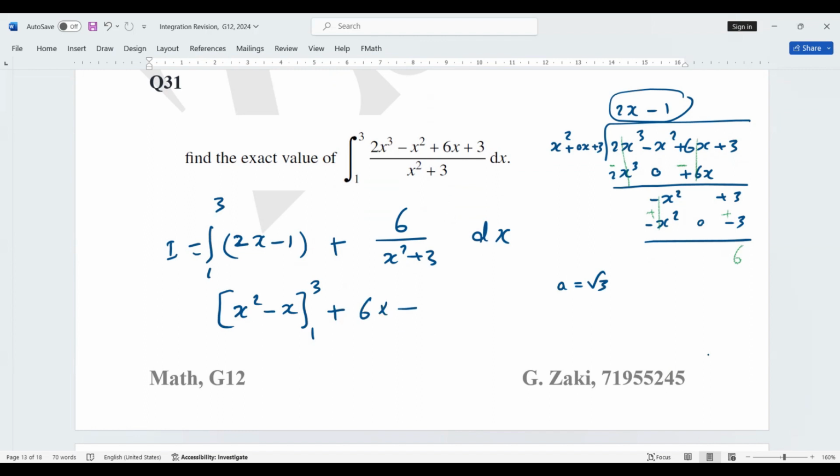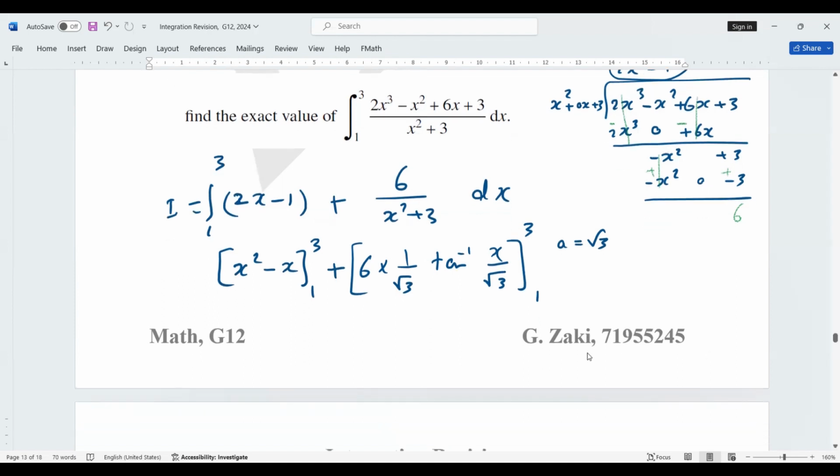Then 1 over square root of 3, arctan of x over a, x over radical 3, and the limit here is also from 1 to 3. Then we can substitute to get the exact value. But remember, the calculator must be in radian.